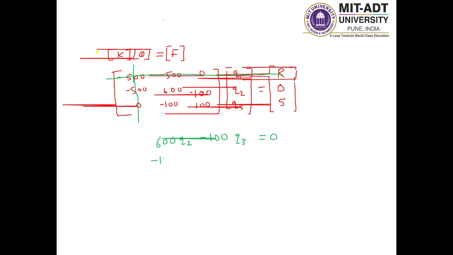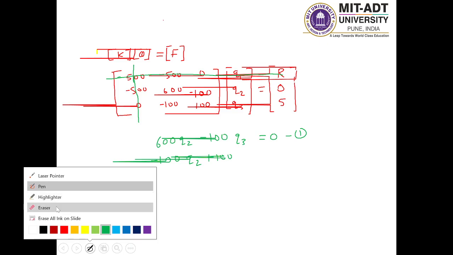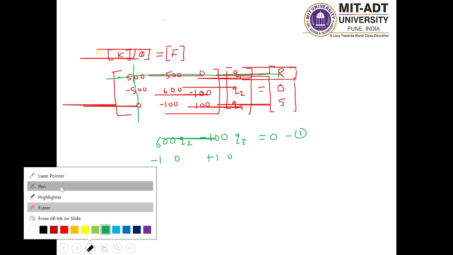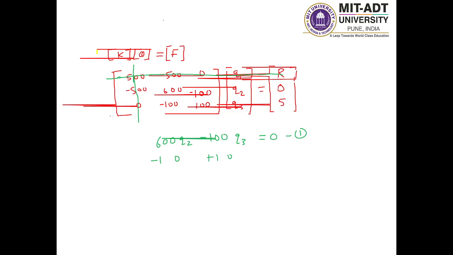Then minus 100, this is equation number 1. Now minus 100 q2 plus 100 q3, sorry, so the second equation: minus 100 q2 plus 100 q3 will be equal to 5.